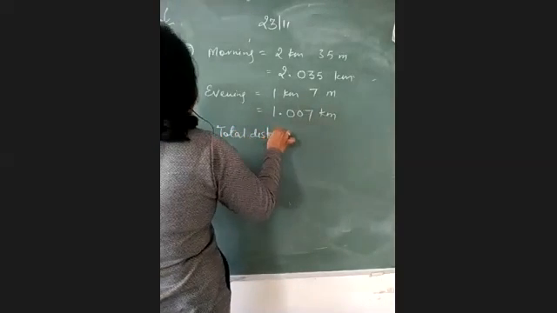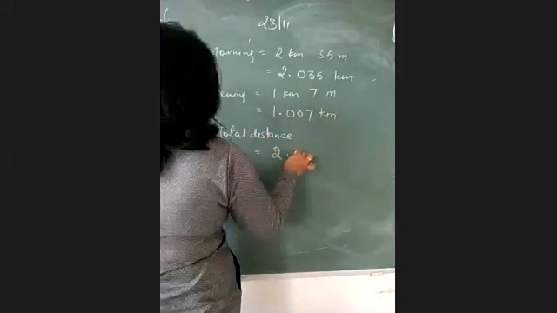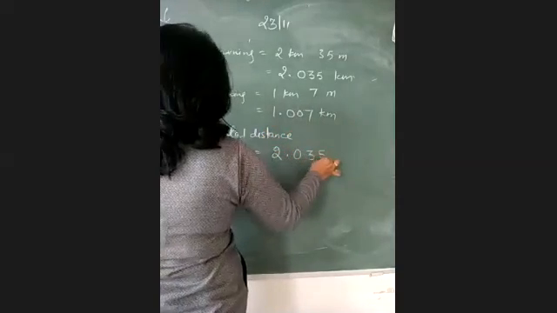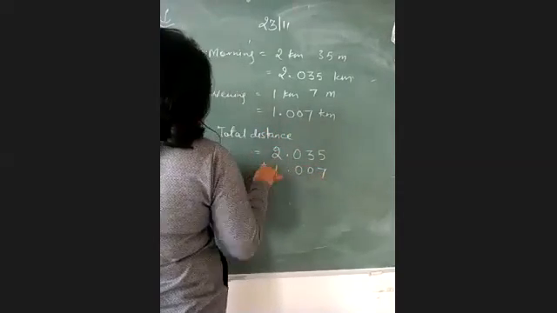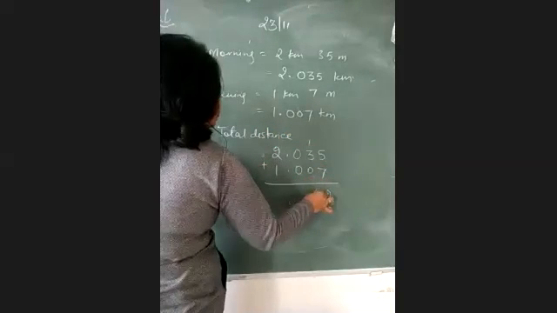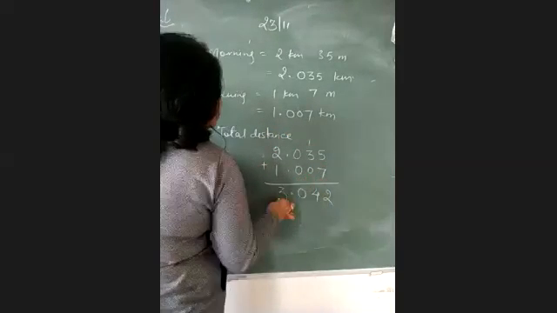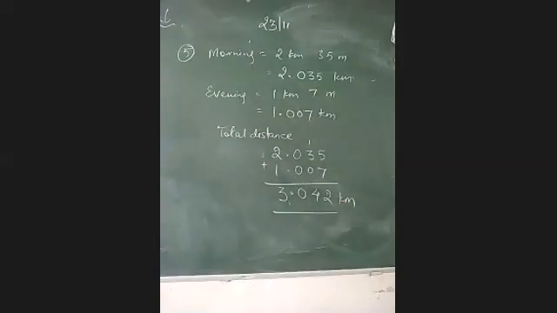Total distance would be 2.035 plus 1.007, it will give you 2, it will give you 4, it will give you 0, it will give you 3.042 kilometer.